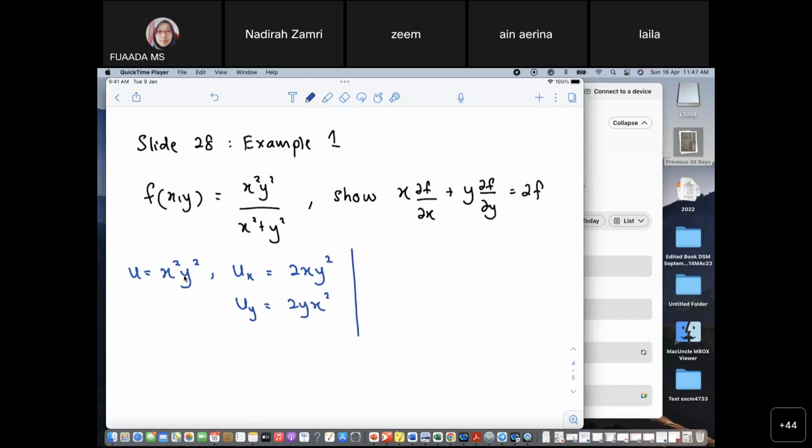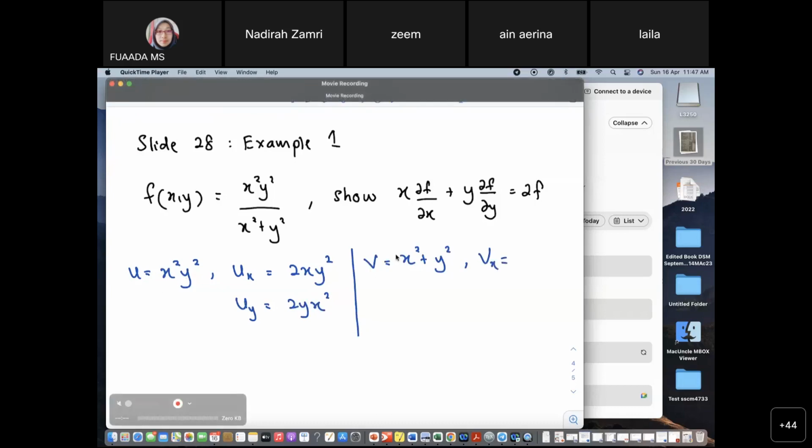and then v is x squared plus y squared. So we find the vx. So differentiate. You can see the x here, x squared. When you differentiate x squared, you get 2x. And then y squared is alone, no x, meaning that this term y squared is also constant.